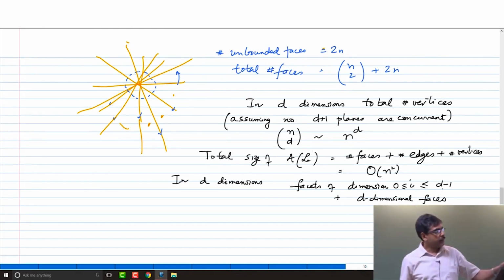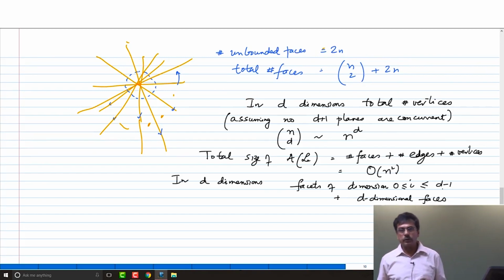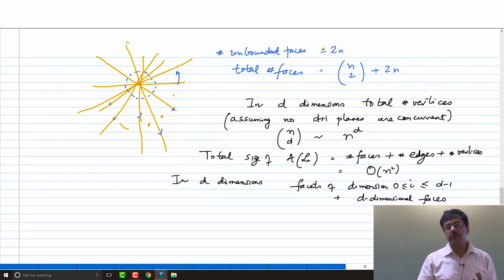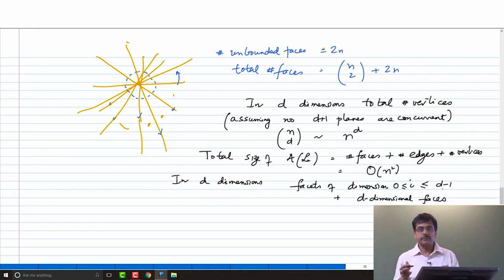Now, to get a bound on the total size, I need to get a bound on every facet of dimension i. What is easily established is the number of vertices, the 0 dimensional facets, there are n to the power d. But now, I have to also work on the other kinds of facets, and that takes a while. So, I will skip this part here. It is actually not that hard, but rather laborious.